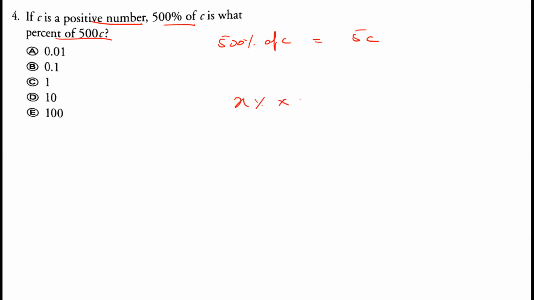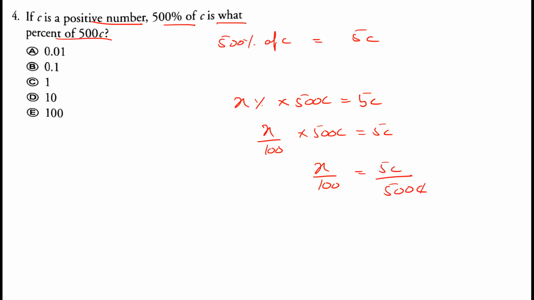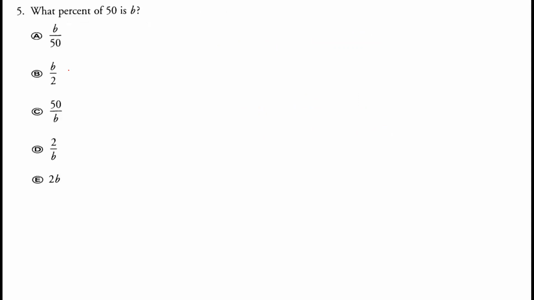So X percent multiplied by 500C equals 5C. So this would be X divided by 100 into 500C equals 5C. So X over 100 will equal 5C over 500C. C cancels, and X equals 500 over 500, so 100 over 100 is 1. So the correct answer would be option C.